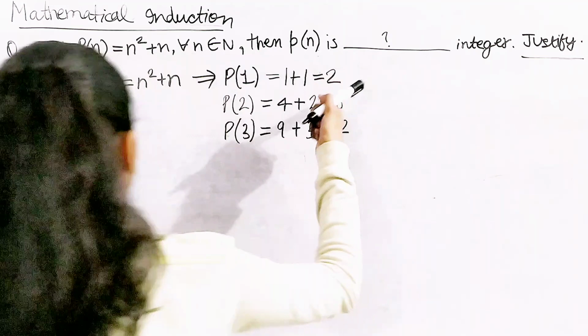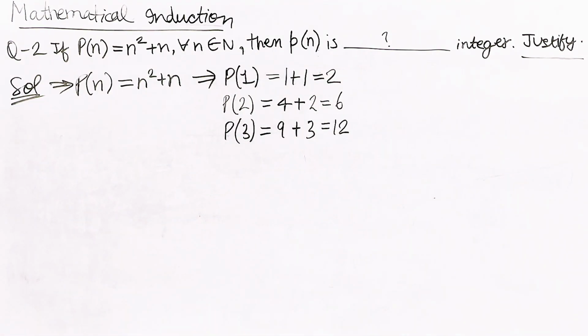So what we can see is this pattern: 2, 6, and 12. What is this all?